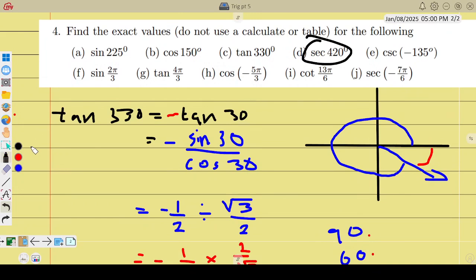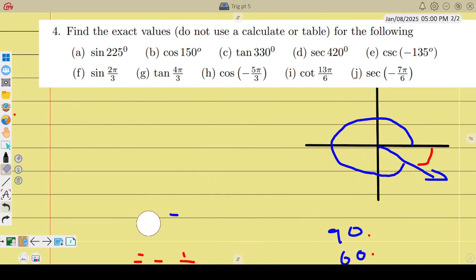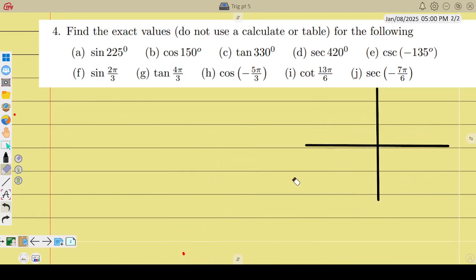Let's do sec 420. So for this one, we have 420. One thing which should come to your mind is that when you have an angle greater than 360, we have to subtract 360 from that number.